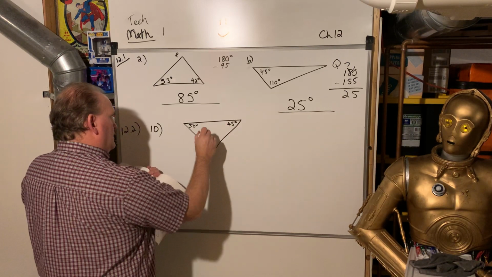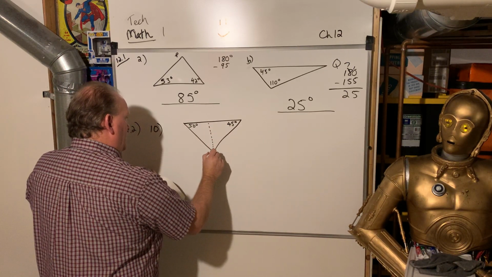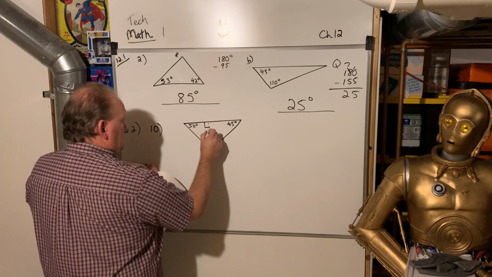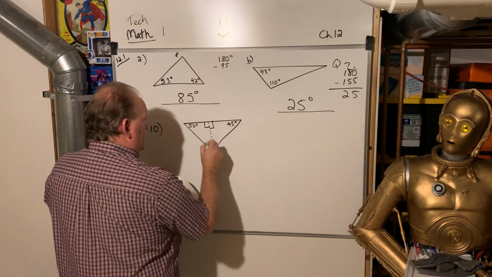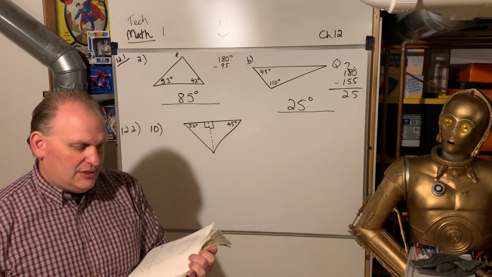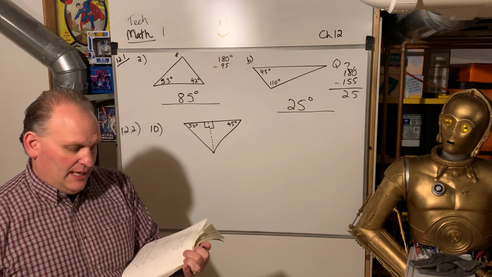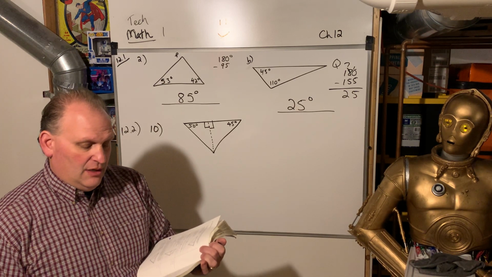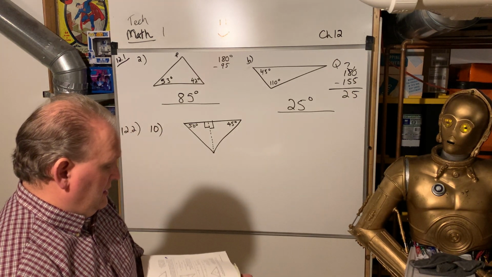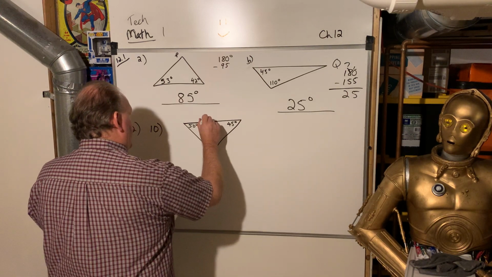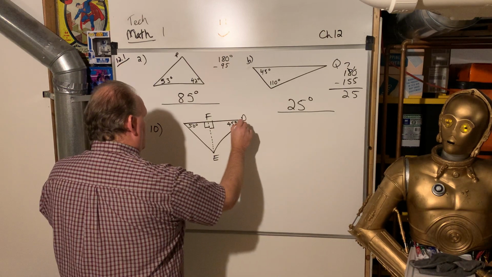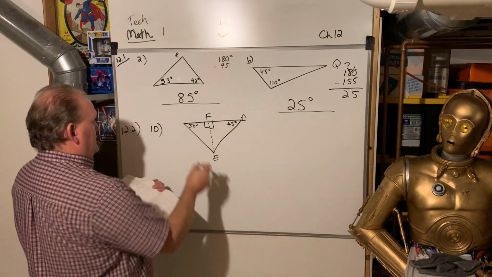And then they drop an altitude from that point, which is 90 degrees on either side of it. So they're splitting it into two different right triangles. This is F, this is E, this is D, and this is C.